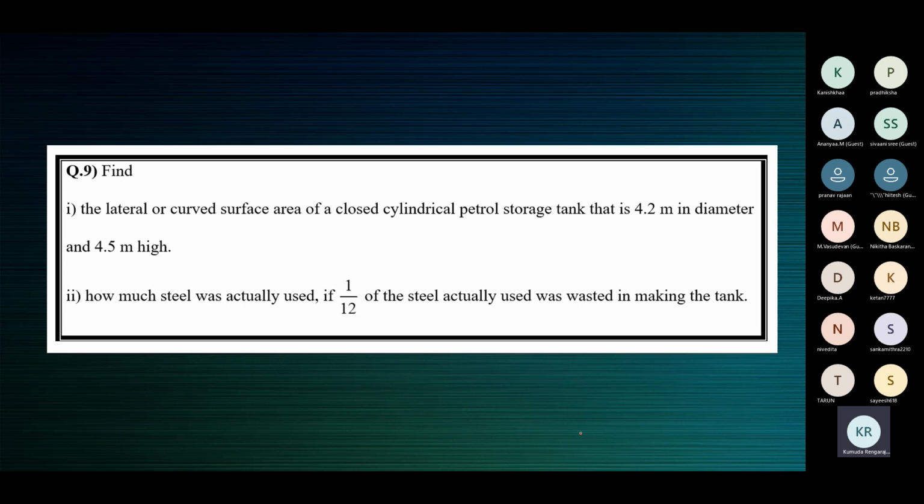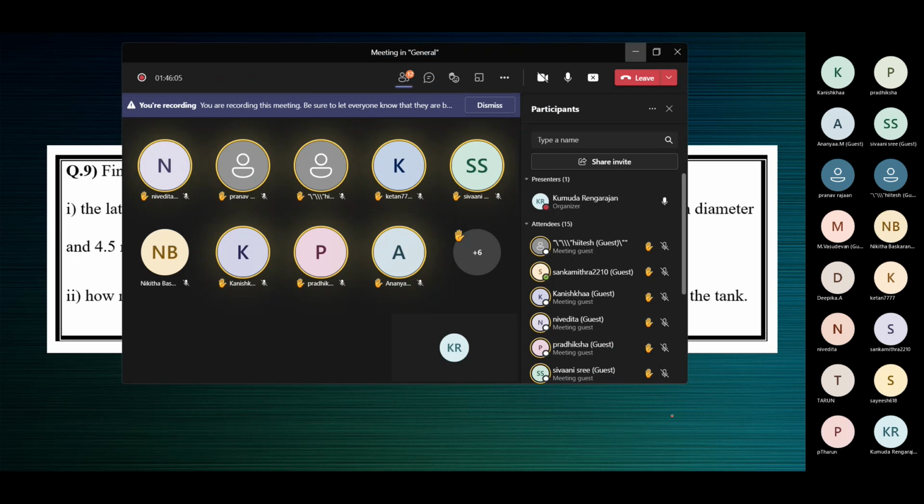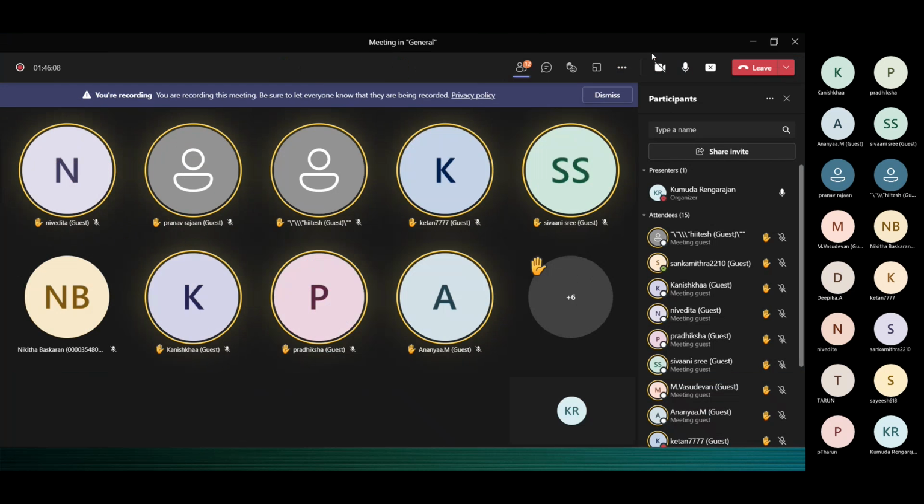Fine. Also find the TSA, children. Please find the TSA also of this tank. Tell me the value of the TSA. Ara, what's the formula to find the TSA of a cylinder?